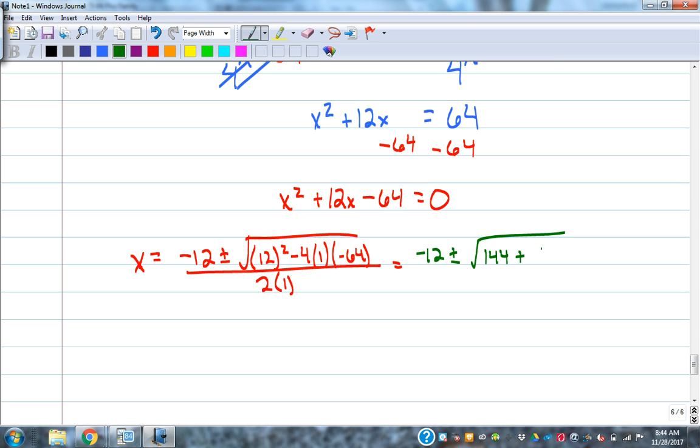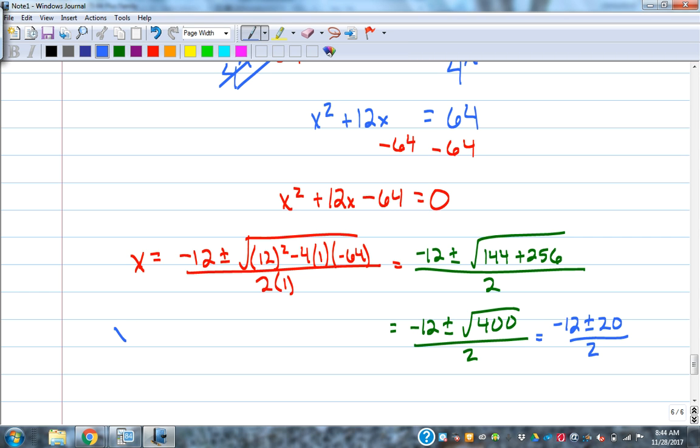Is that what that is? Oh, my 64 is times tables. Yeah, actually I did. Got it right anyway. And 144 plus 256, 400 under that square root. So negative 12 plus or minus the square root of 400. What's the square root of 400? 20.